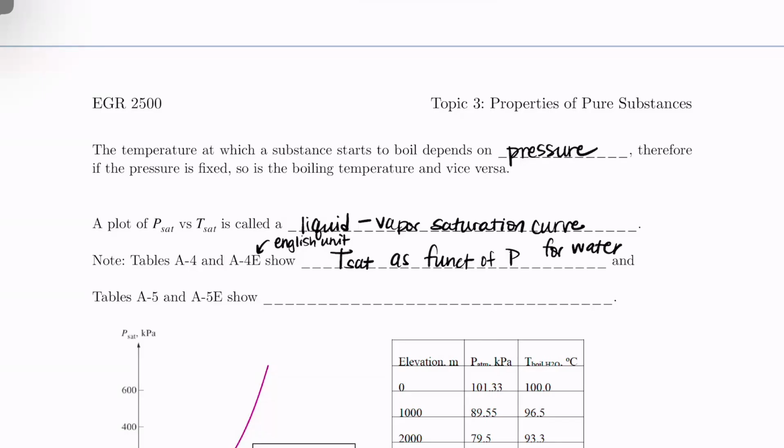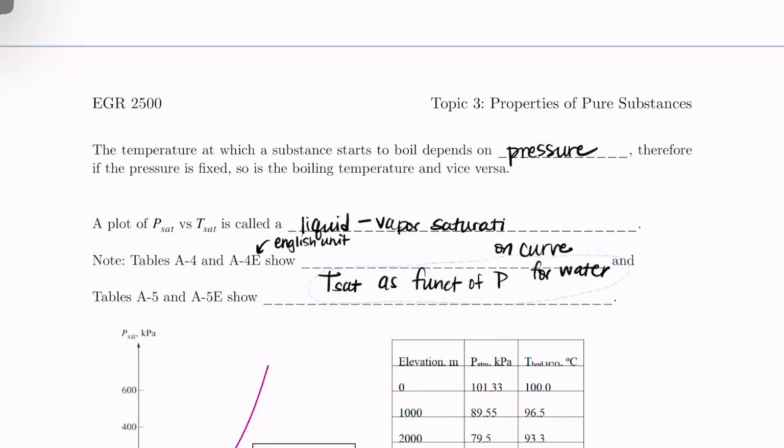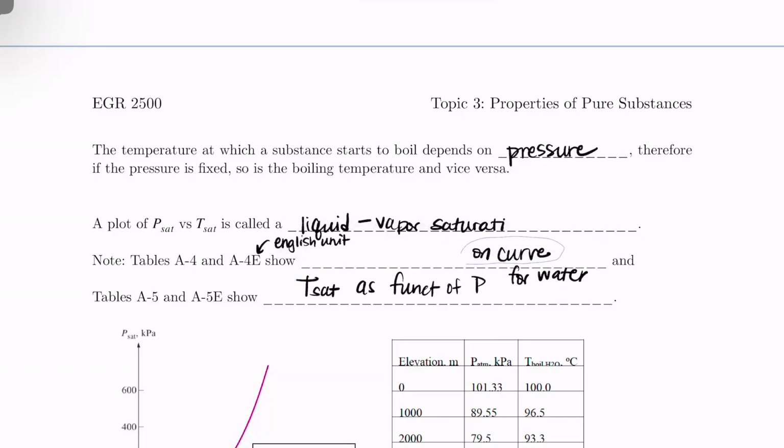Oh, I did this backwards, sorry. That's table A5. And then A4 shows Psat as a function of temperature for water.